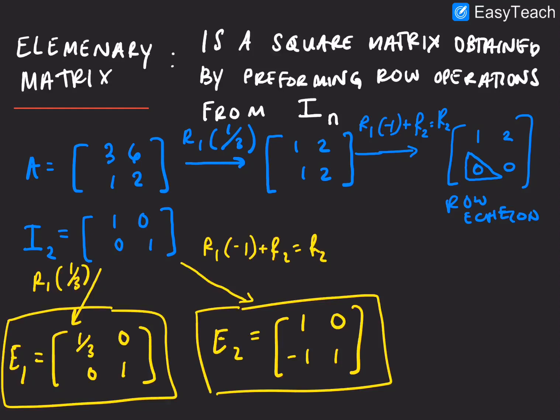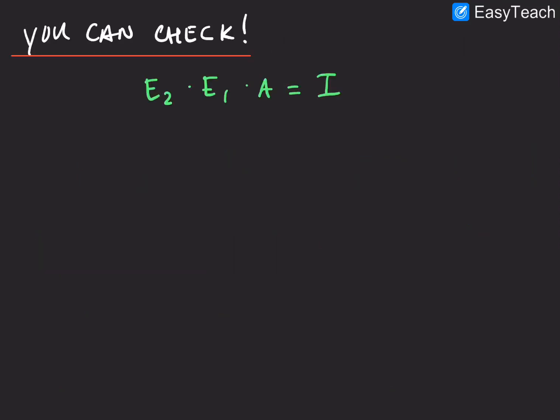Sounds pretty simple. And how do you know if you have the correct elementary matrices? Well, you can check. In order to check, you multiply E2 times E1 times the A matrix.